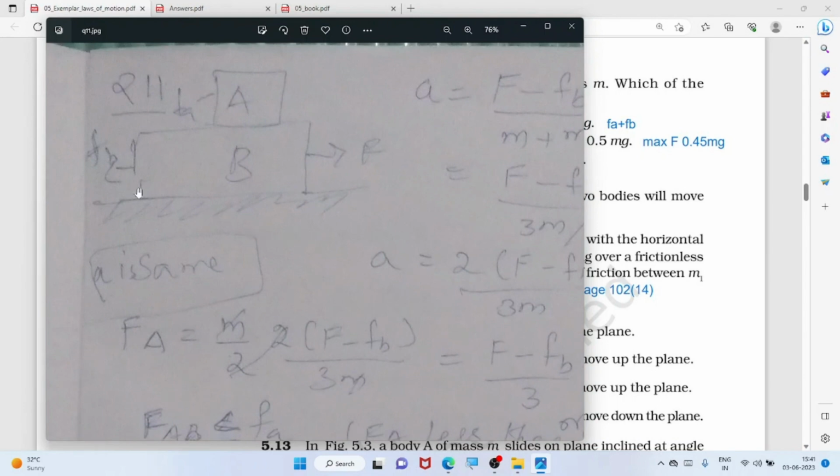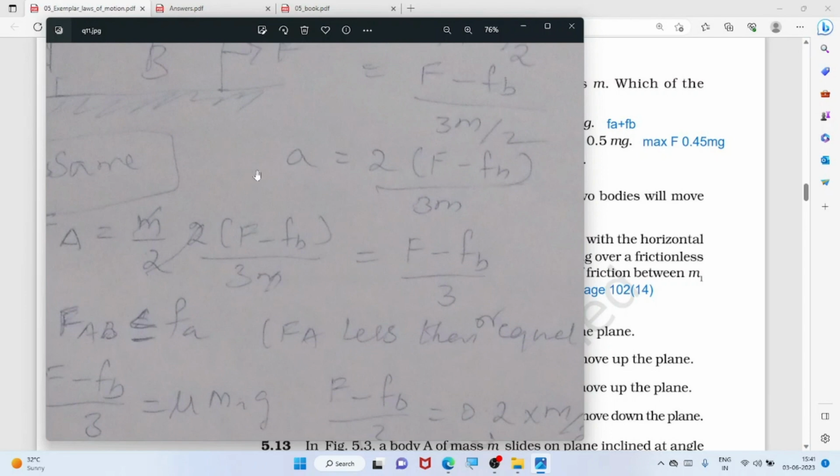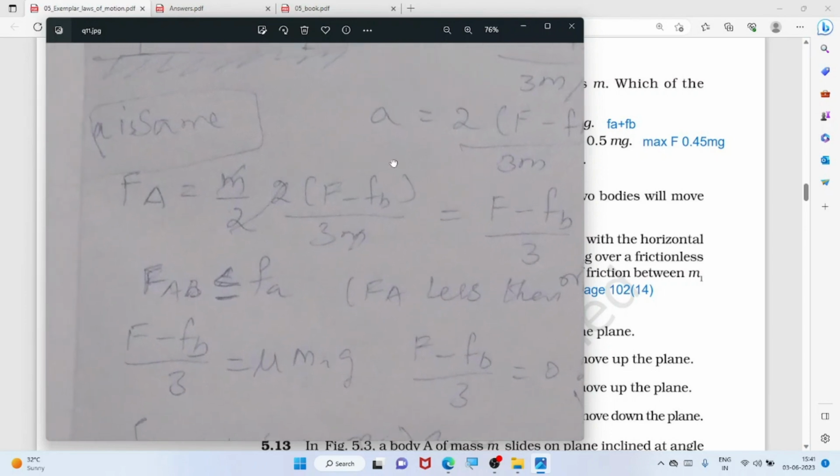Okay, this is the frictional force FB, and FA is the force on A. So the acceleration is the same for both the bodies. So this is the forward force F, this is the frictional force. Acceleration, this is the mass of B, mass of A. So after simplification, we get the acceleration.